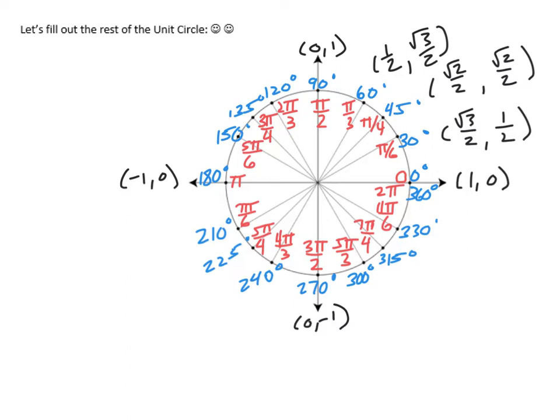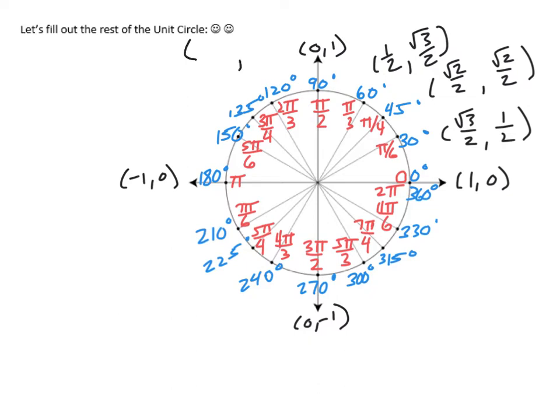But here's what you have to keep in mind. From here, it's just a pattern, okay? And it's going to involve a pattern of positives and negatives. Everything revolves around quadrant 1. For example, 60 degrees to 120, okay? That's a reflection over the y-axis. So I'm going to go to 120 degrees right now.